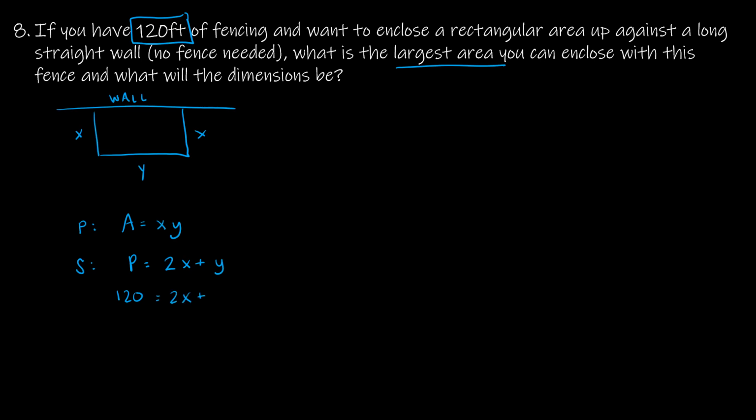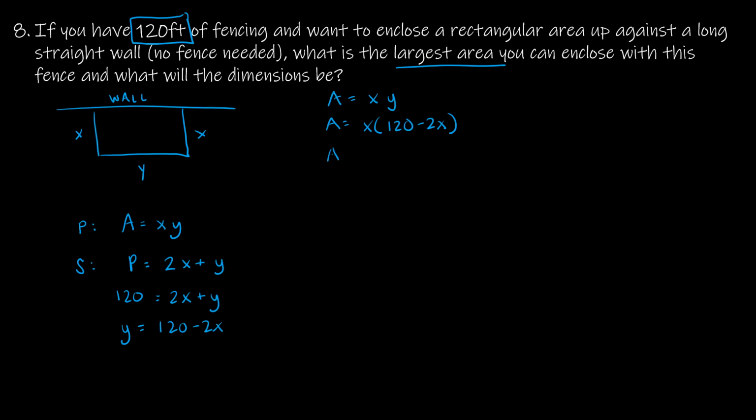And then we want to isolate one of those variables, and obviously it makes more sense to isolate y. So y is 120 minus 2x. That's my secondary. Then I'm going to start with my primary. Area equals x times y, and then I'm going to replace y with 120 minus 2x, whatever I found using my secondary equation.